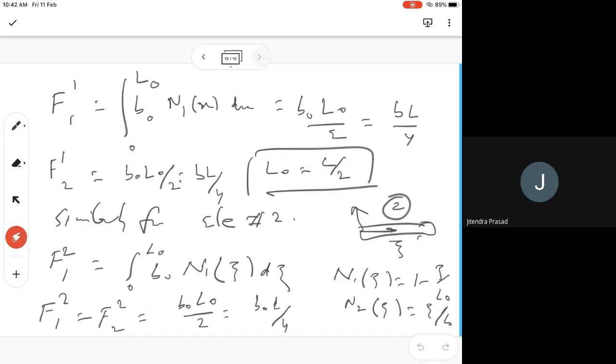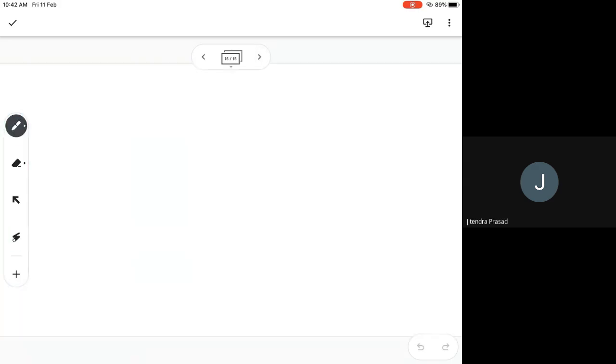Okay, so now what will be the equation? We have two equations. We have K1 U1 is equal to F1 and K2 U2 is equal to F2.